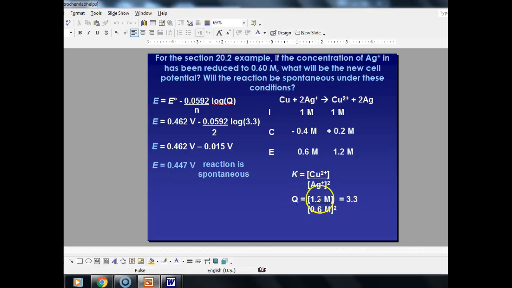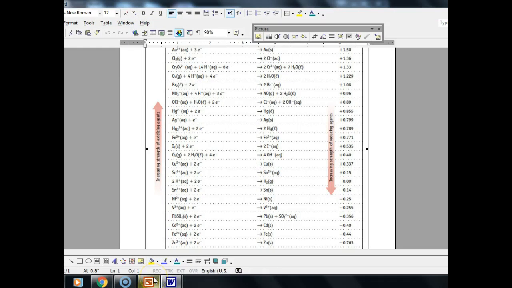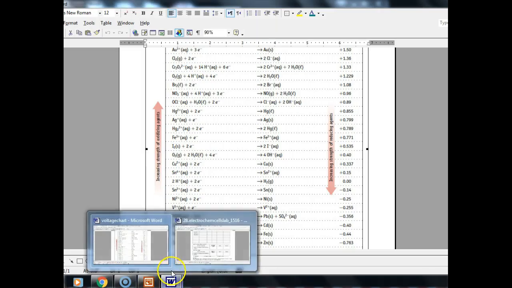So we know what Q is equal to, what the ions are in the numerator and what ions are in the denominator. The zinc ions remained at 1 molar. So if we know what the Q value is, and we know what the zinc ion concentration is, we should be able to calculate the silver ion concentration. If you need more help with that, please feel free to ask.